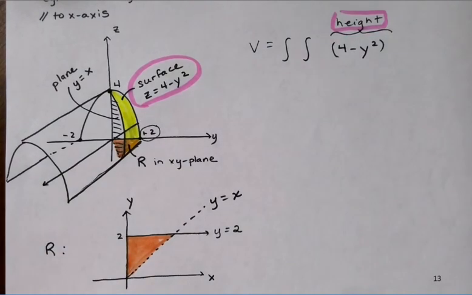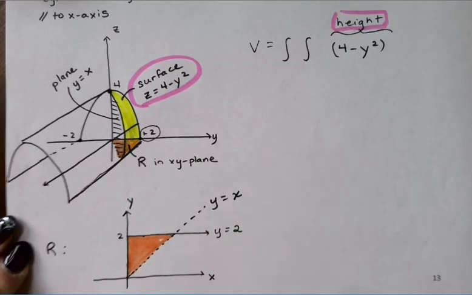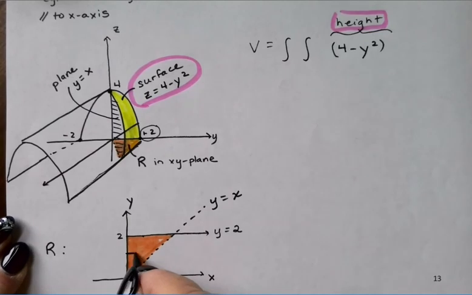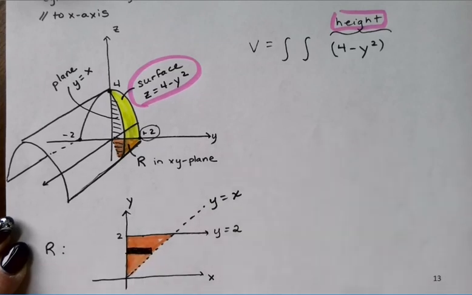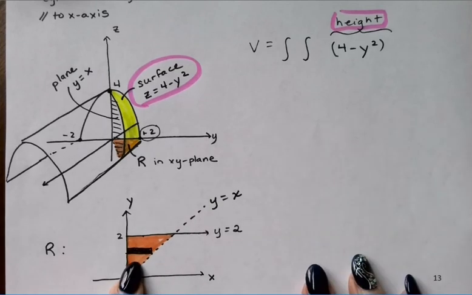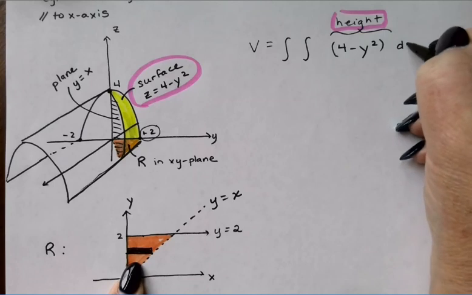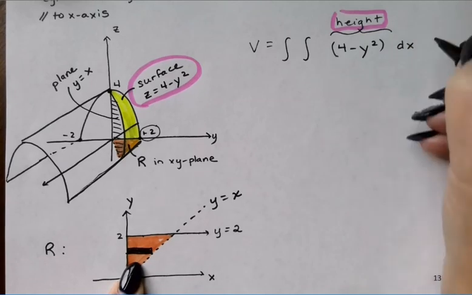Now to determine my limits of integration, I'm going to look at R. I'm going to choose, actually, you know what? I think I'm going to choose a horizontal rectangle this time. They both work reasonably well, but I'm going to go horizontal. If I go horizontal, that means I'm choosing to do dx first, and then dy.